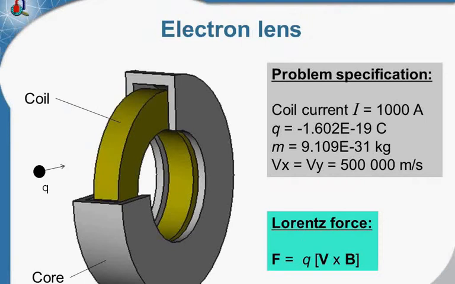This is the electron lens. You remember in the previous example the electron beam was not focused, and to focus the beam, electron lenses are used. The lens is simply a coil placed inside the core, and the particle flies through the lens.